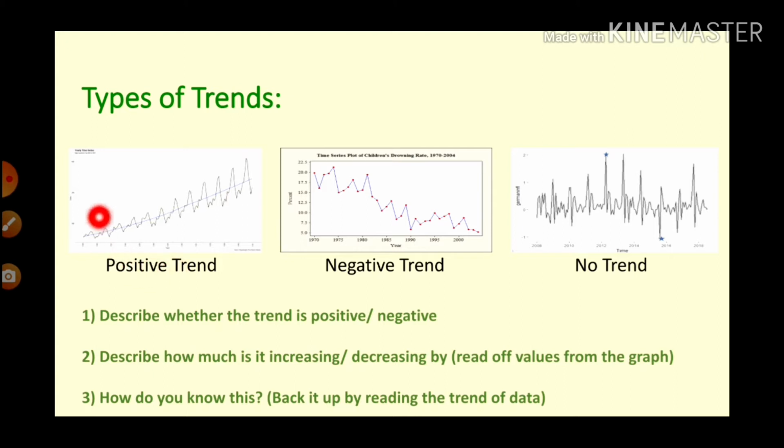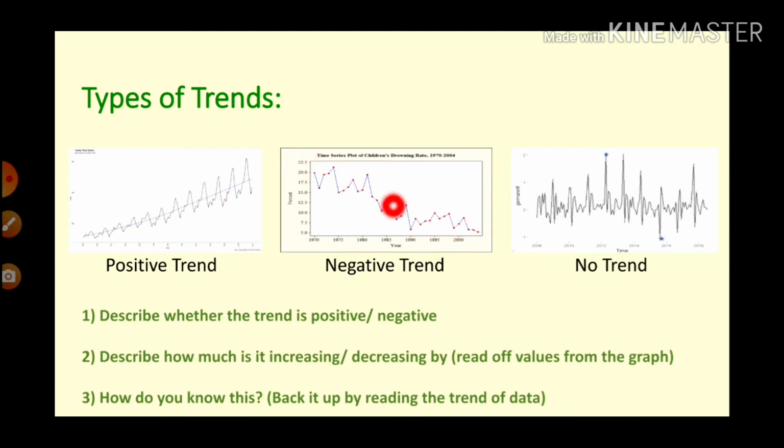Have a look at the first one. If you draw the trend line, it's going up from left to right. That means, if you think about it in the linear, the gradient is positive, so we can say we have a positive trend. Whereas this one, what happens if we draw the trend line?